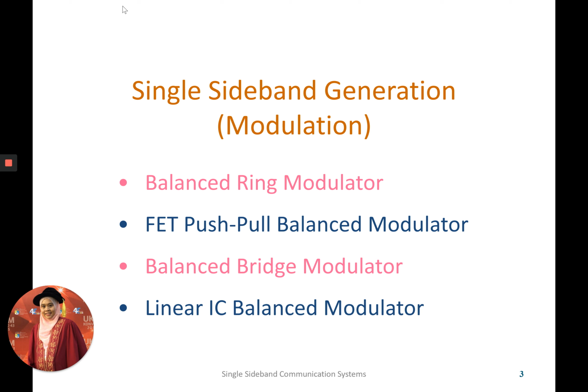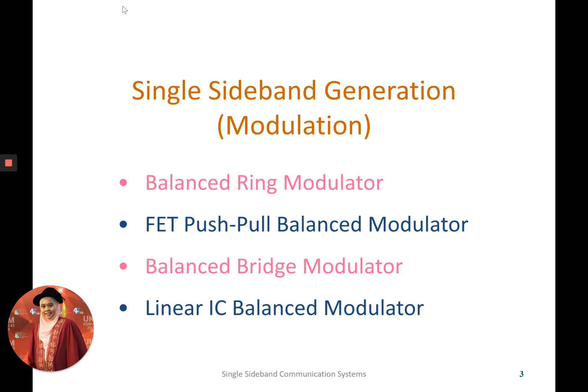Okay, so first is the balance ring modulator. This modulator is mostly used in the double sideband suppressed carrier, and it will be used to remove one of the sidebands so that we can produce a single sideband signal.